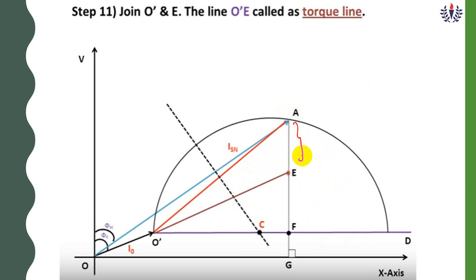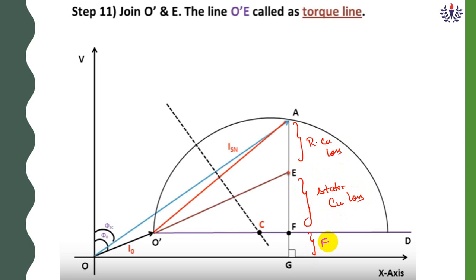See, what is A to E? It is the rotor copper loss. E to F is the stator copper loss.